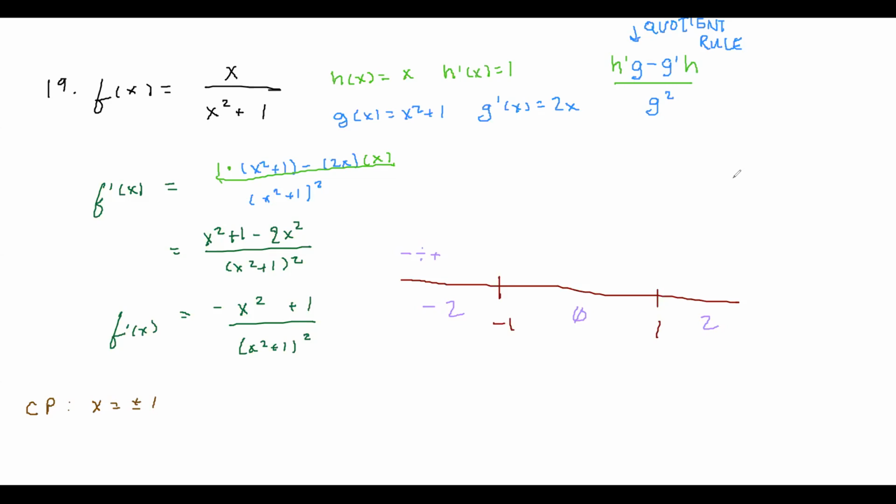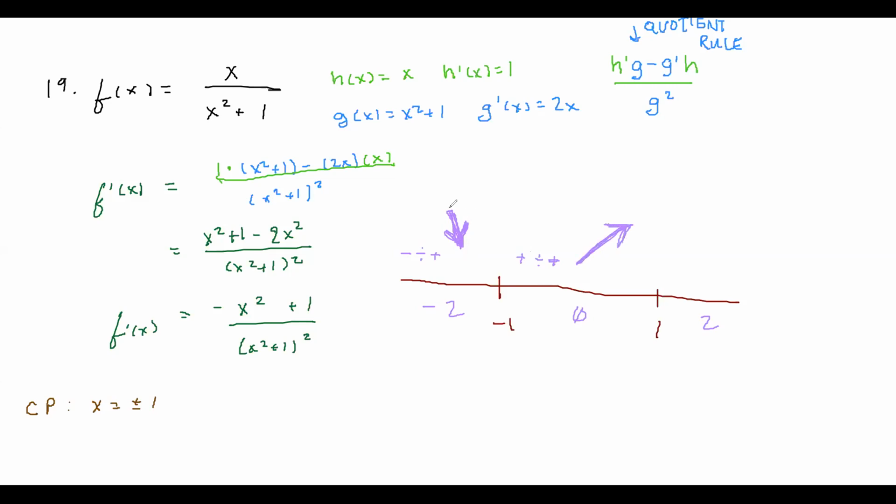Right. So we have a negative number on top divided by a positive number on bottom, so that's going to be negative. Then over here, it's going to be 0, so that's going to be 0 plus 1, so it'll be positive divided by a positive number, so it'll be positive.